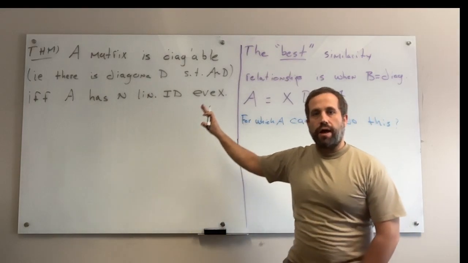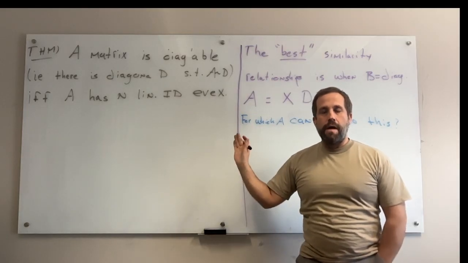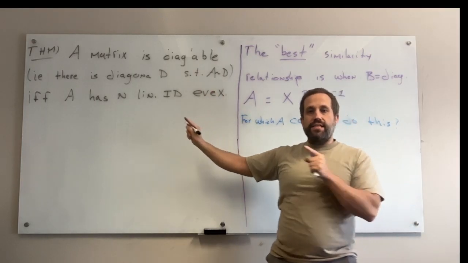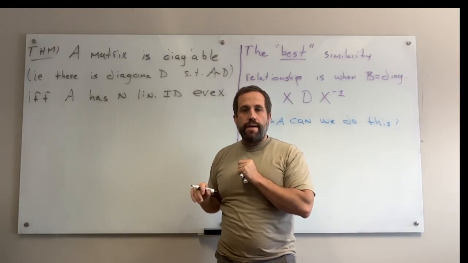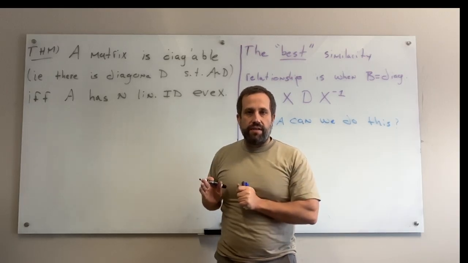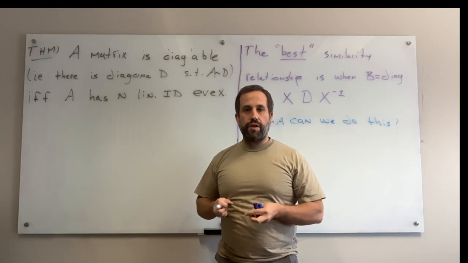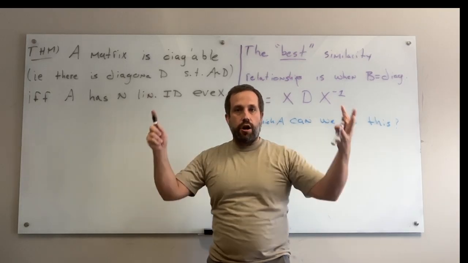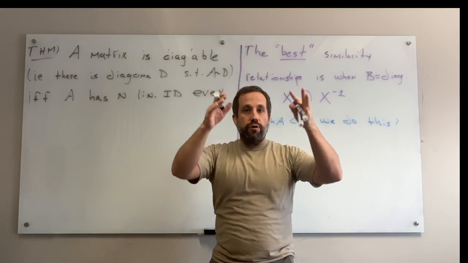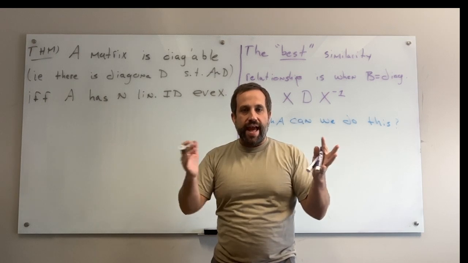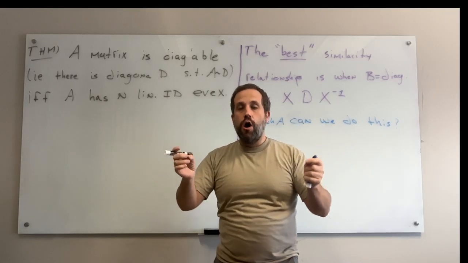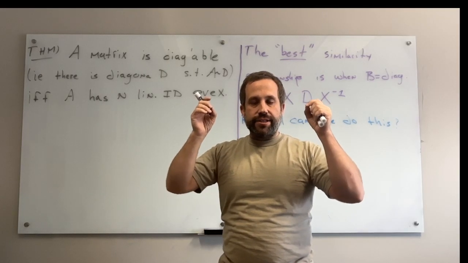So you might be thinking, well, I thought you just said there was no theorem that says an if and only if condition, and this is an if and only if condition. Well, what I mean is, in order to determine whether or not a matrix is diagonalizable, you have to compute all of its eigenvalues and eigenvectors. That's quite a bit of computation involved. When I say there's no grand theorem, I mean something where you can just look at the matrix and tell right away whether or not it's unitary, Hermitian, or symmetric.